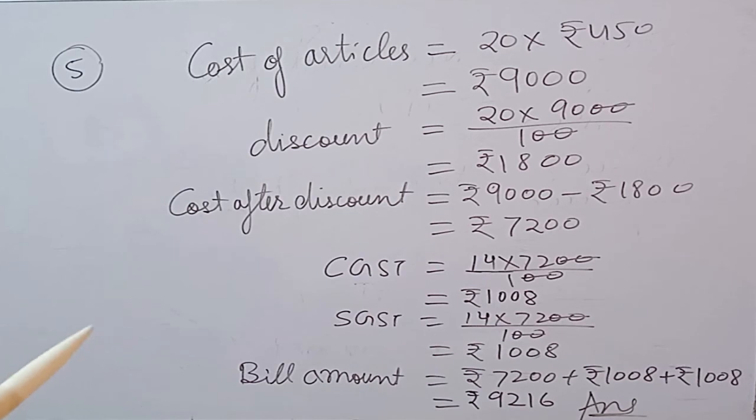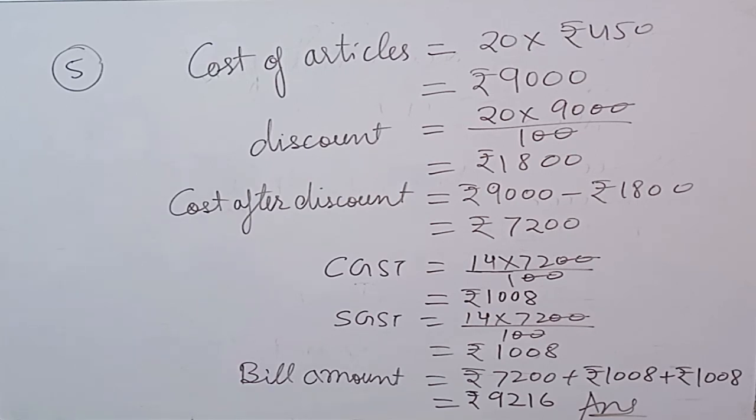Now we will calculate the GST as CGST and SGST, because it is an intrastate case. 28% is the GST given, so 14% CGST and 14% SGST. 14 into 7,200 upon 100, that is rupees 1,008 as CGST, and 14 into 7,200 upon 100, that is rupees 1,008 as SGST.